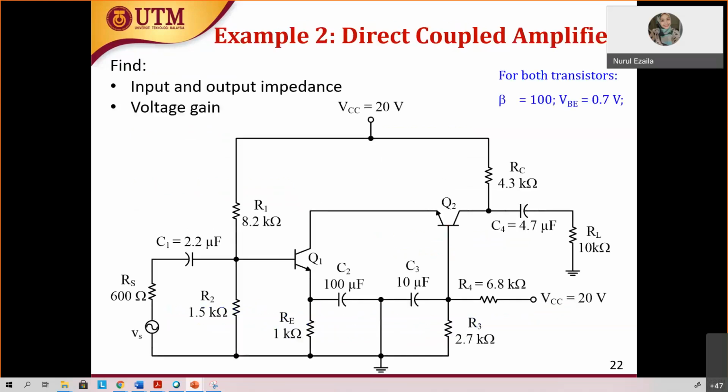For the example of direct coupling, I will leave this with you, and the next class we will continue from here. Before we end our class, can you determine first what the common is for stage 1?